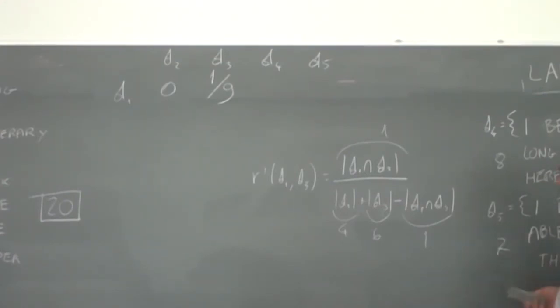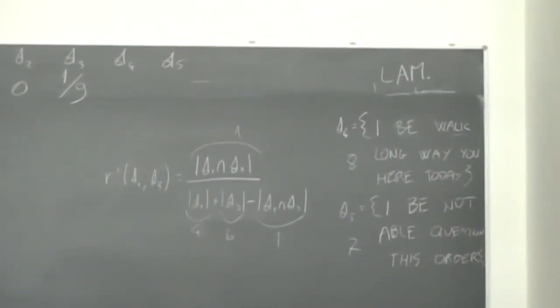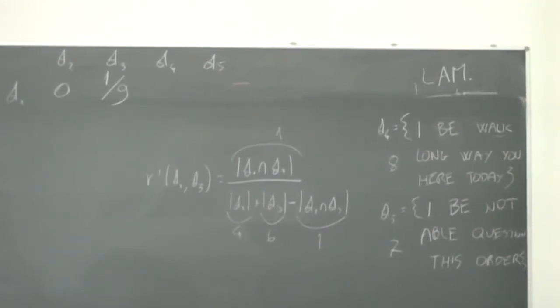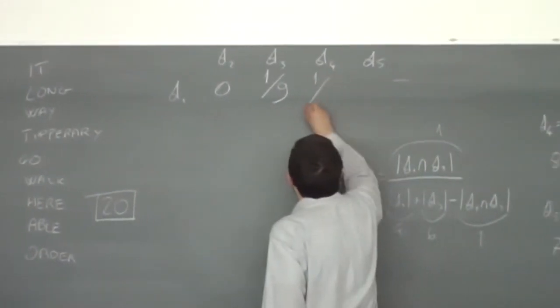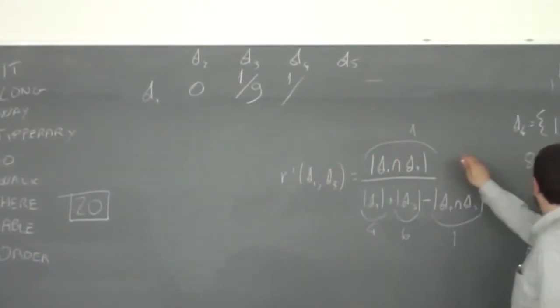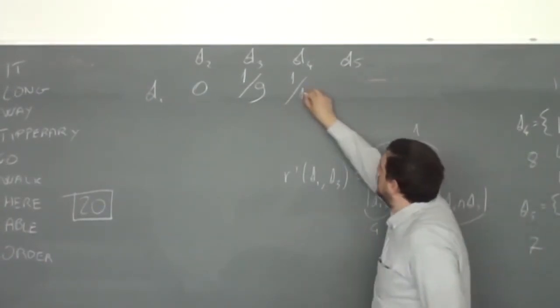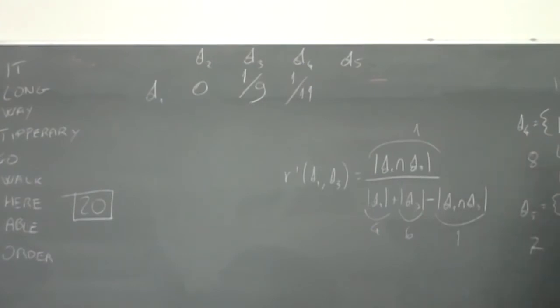And again, we do the same for D1 and D4, where apparently they only share the word B again. So the intersection is 1, the union is 4 plus 8 minus 1, so it's 1 over 11.